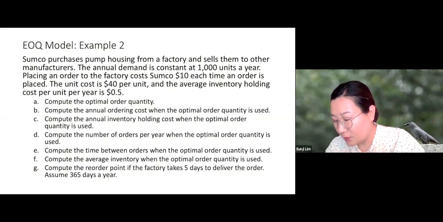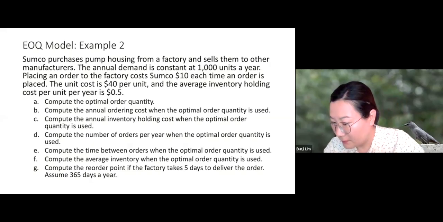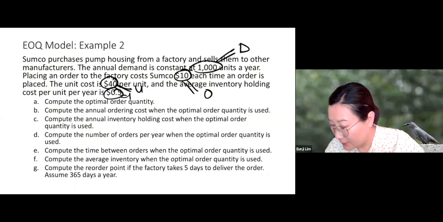The unit cost is $40 per unit, and the annual average inventory holding cost per unit per year is $0.5. So the annual demand, this is D, and this is O. And this is the unit cost, U, and this is H.